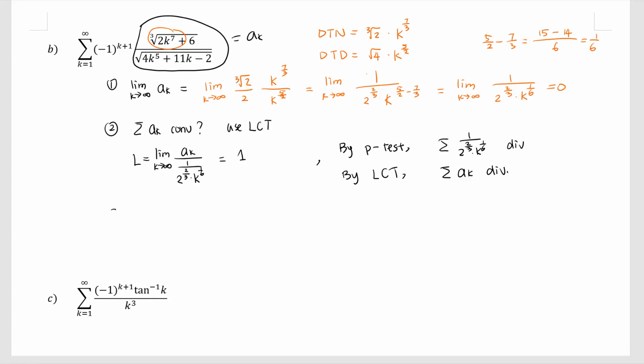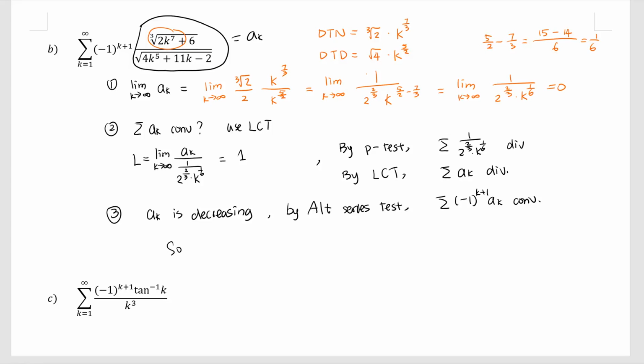That means we have to go to step 3. So step 3, we say a sub k is decreasing. And because we already showed the limit of a sub k is 0 in the first step, we can say by the alternating series test, our alternating series converges.